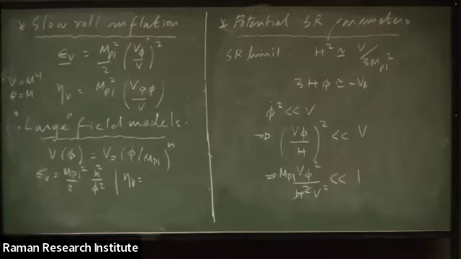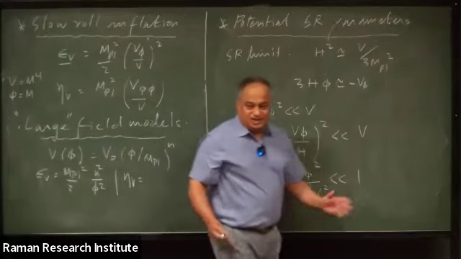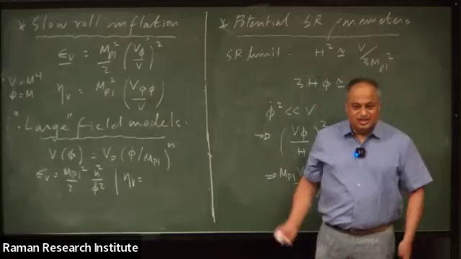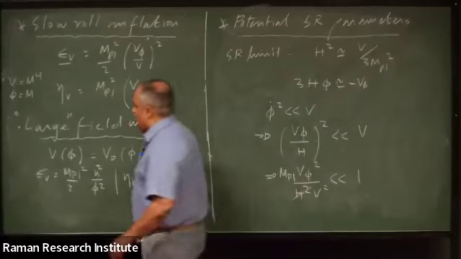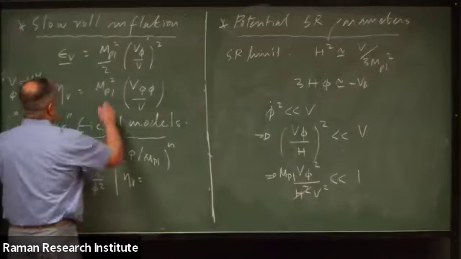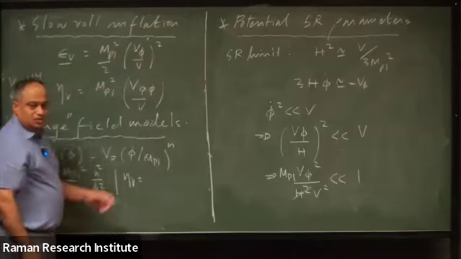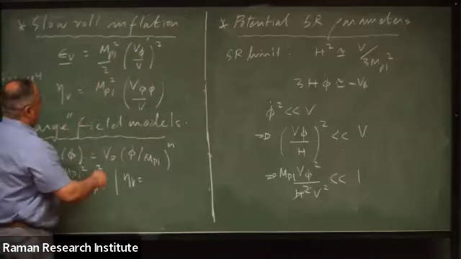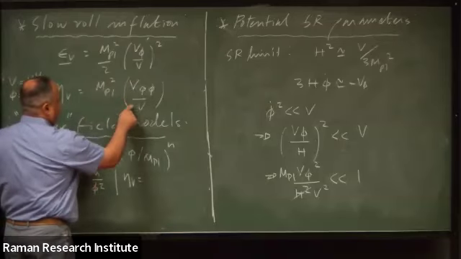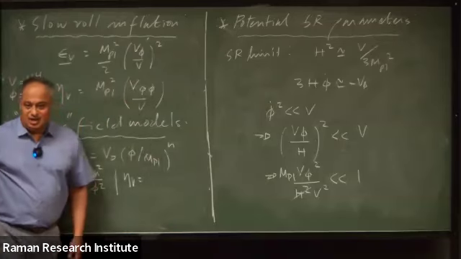Of course, MPL has dimensions of m. M is energy, and length is 1 over m, so is time. 1 over time is energy. Energy is m when c is 1. So epsilon V is dimensionless, MPL squared over phi squared. Eta V is dimensionless. These are dimensionless quantities.